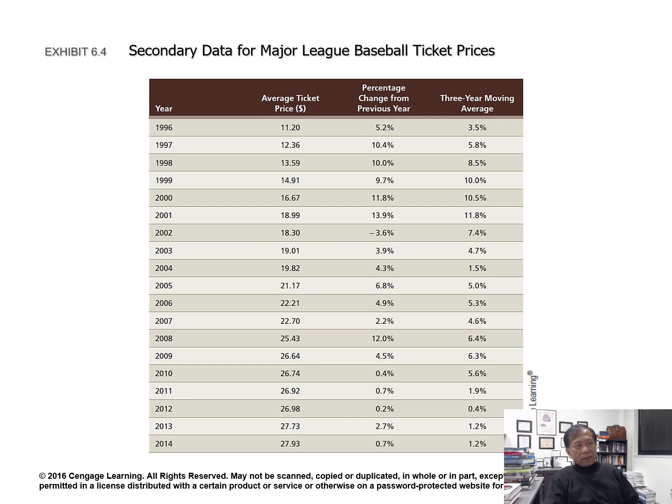3.5%. Okay. I didn't do that. I think if you calculate this one, for example, for 1998, this is the average of the first 3 years, 96, 97, and 98. And this one in 1999, 10%, is an average of 10.4, 10, and 9.7.